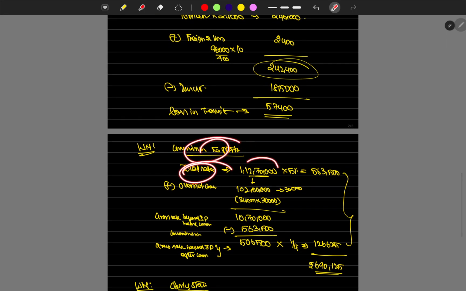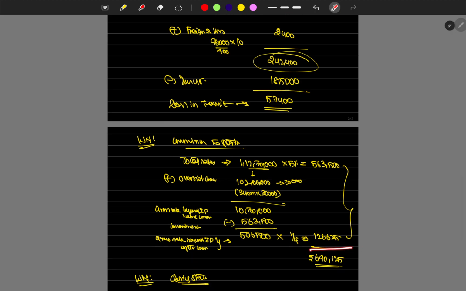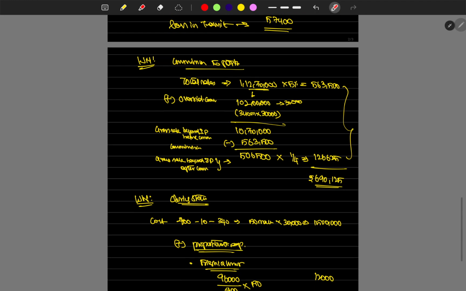Total sales he made is 1 crore 12 lakh 70,000. 5% is 5,63,500, and for the machines he sold, the actual IP price is 1 crore 2 lakhs only. 10 lakh 70,000 is the overriding sales he did. So on the overriding sales we have paid the 1/4 commission, after removing the commission we have already allocated for him, which is 1,26,625. So total 6,90,125.